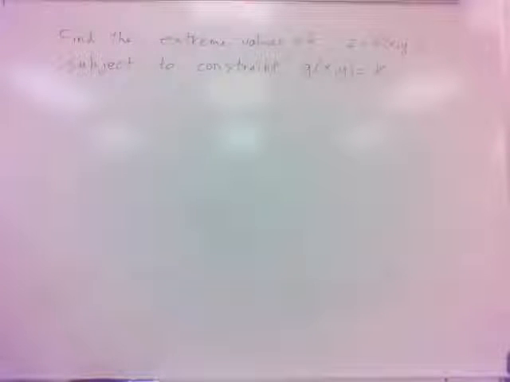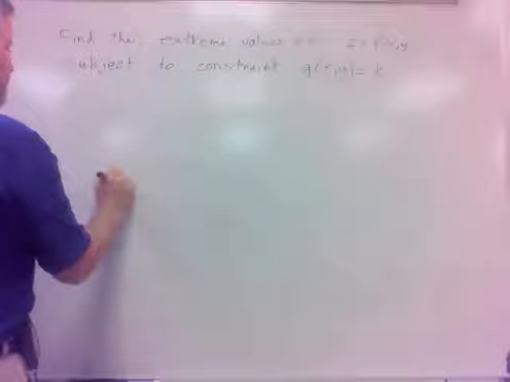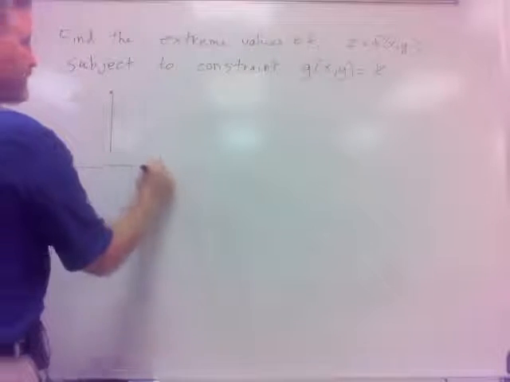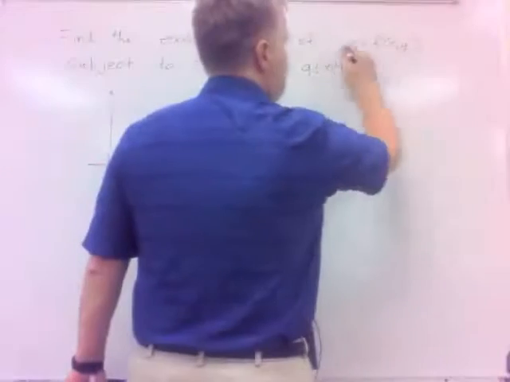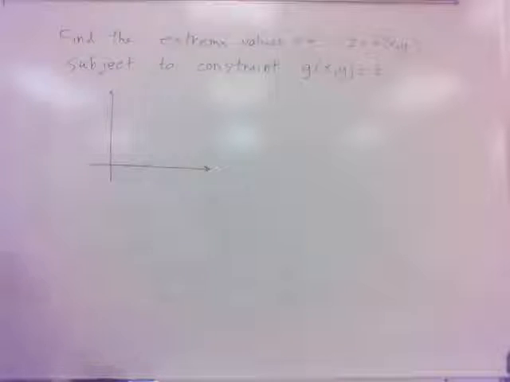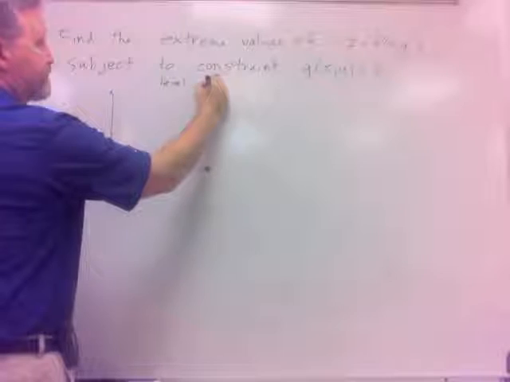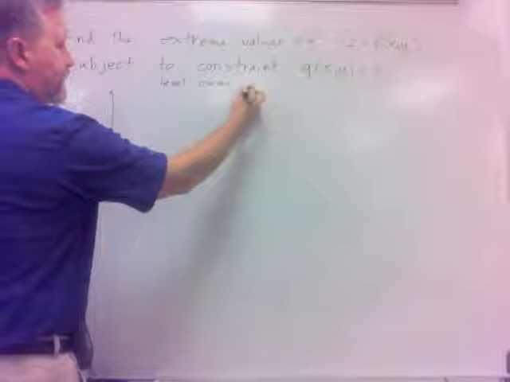Okay? Well, to kind of give you the picture here, what we can do is look at some level curves for this, just to kind of give you the idea. Let's look at level curves for our, and this is just our hypothetical here.